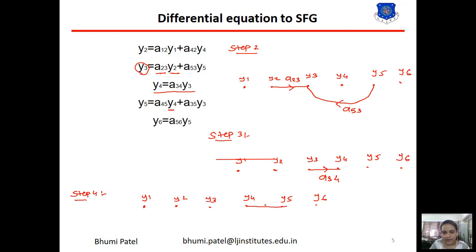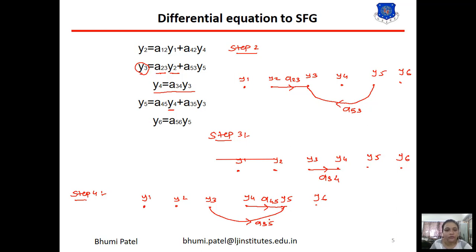This is the forward direction and the gain is a45. The second one is a35 y3, starting at y3 and ending at y5. So we can draw like this, with the arrow in the forward direction, and the gain is a35.